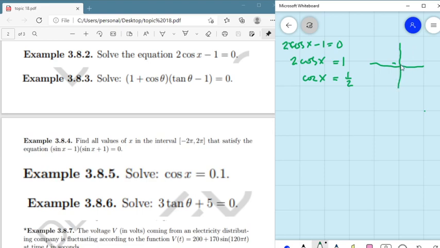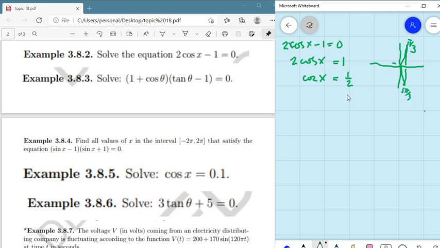So in quadrant 1, the cosine of pi over 3 is 1/2. Or in quadrant 4, the cosine is also 1/2 at 1, 2, 3, 4, 5, so 5 pi over 3.